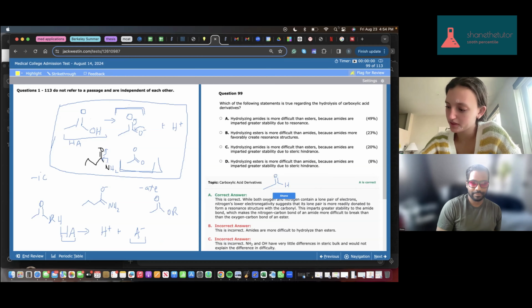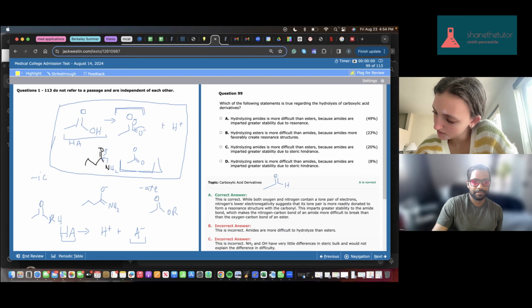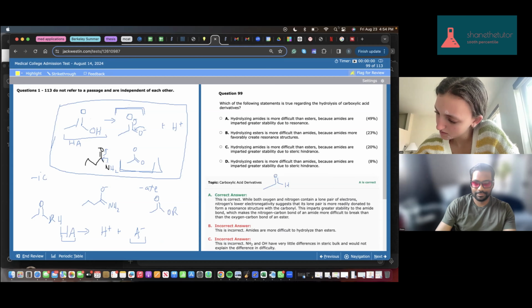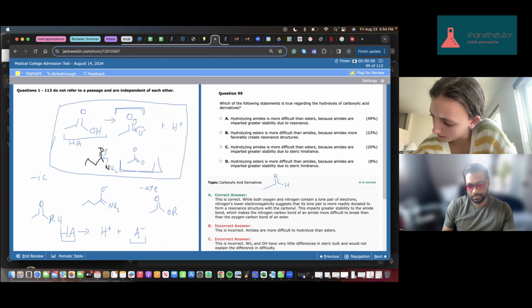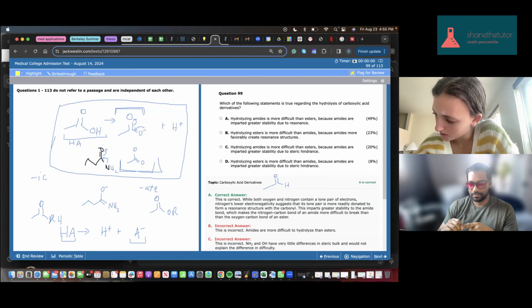So H is aldehyde, R is ketone, OR is ester.